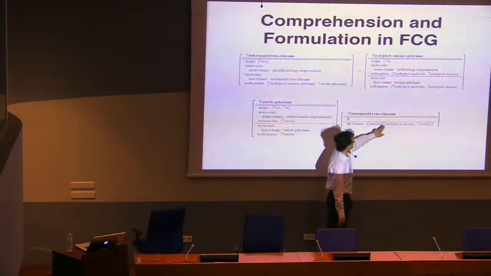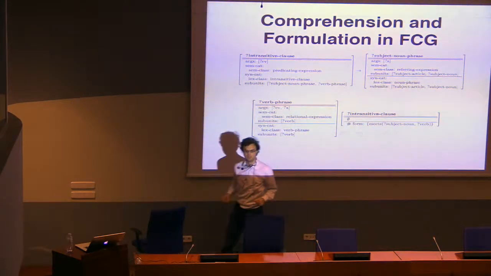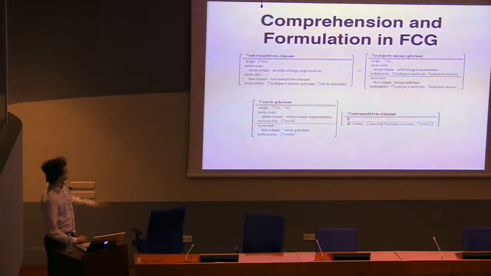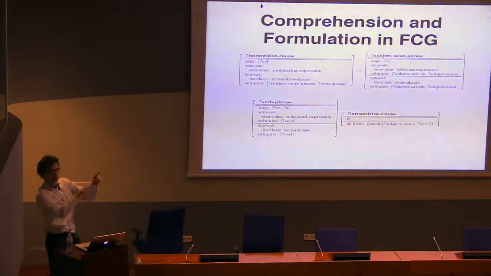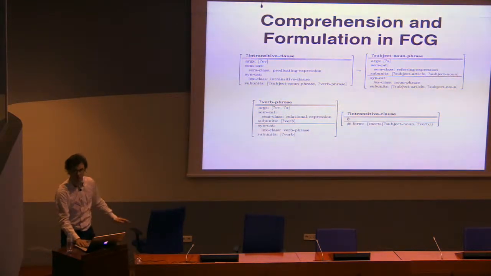Namely, the subject noun should meet the verb, which means they should be sequentially after each other. And from these, you make up an intransitive clause. You see that this construction doesn't add any meaning predicates to the transient structure. It actually binds variables between meaning predicates. It binds meaning predicates to each other. So there are constructions on many different levels.